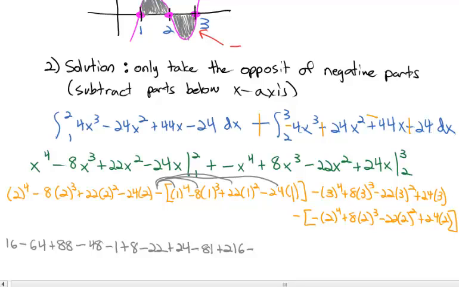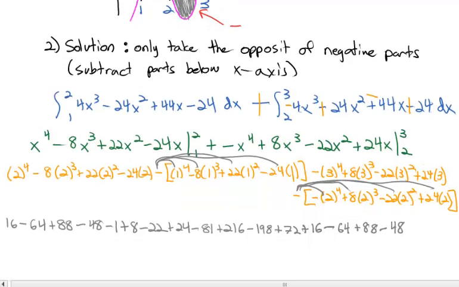Minus 9 times 22 is 198. Plus 24 times 3 is 72. And now when we distribute the negative, we get plus 2 to the 4th is 16. Distribute the negative, we get minus 2 cubed is 8 times 8 is 64. Distribute the negative, we get plus 4 times 22 is 88. Distribute the negative, we get minus 48. Sorry, I said that backwards.